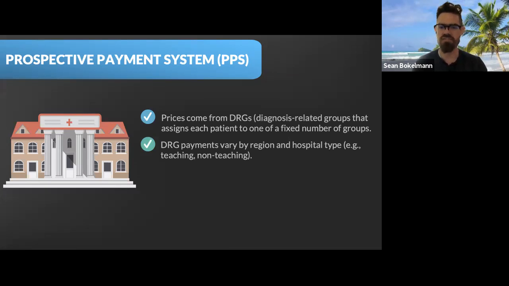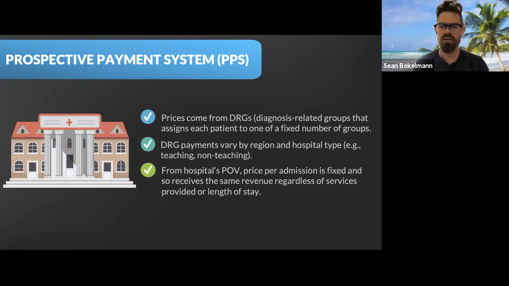And the payments vary by region and hospital type, particularly whether it's a teaching hospital or non-teaching hospital. And so if we think about this from the hospital's point of view, since the price per admission is fixed, it receives the same revenue regardless of what services it provides, how many, and how long the patient stays in the hospital.